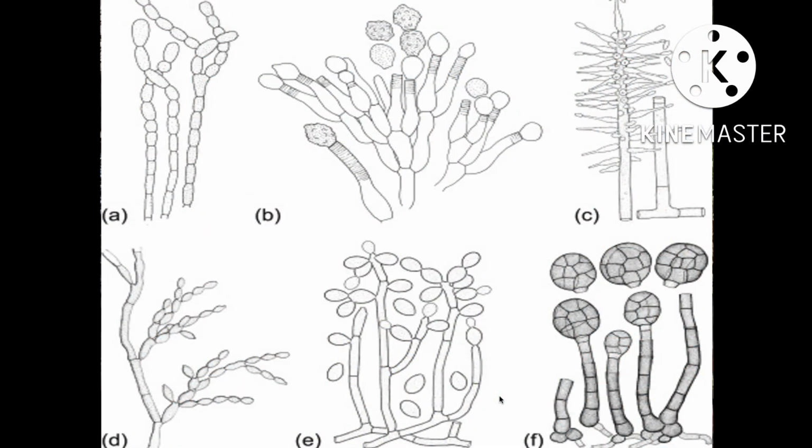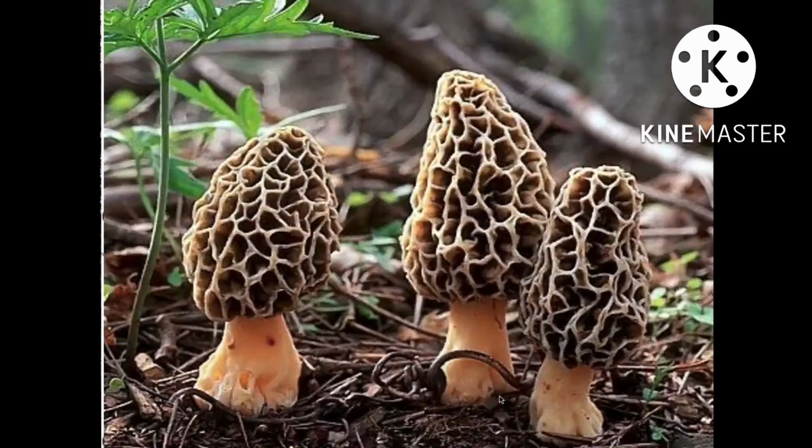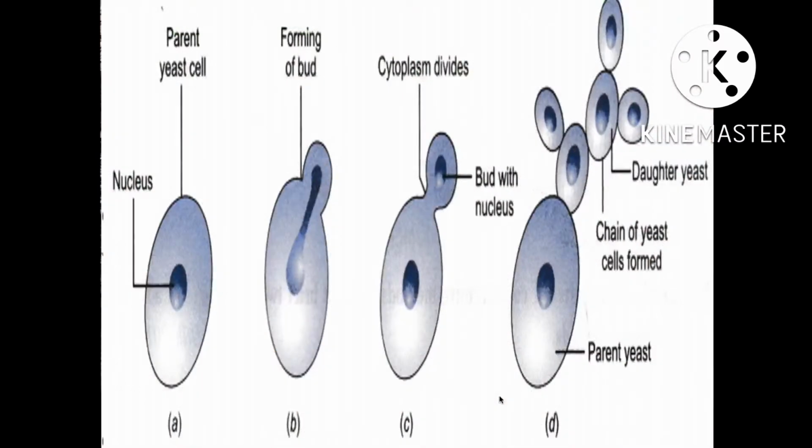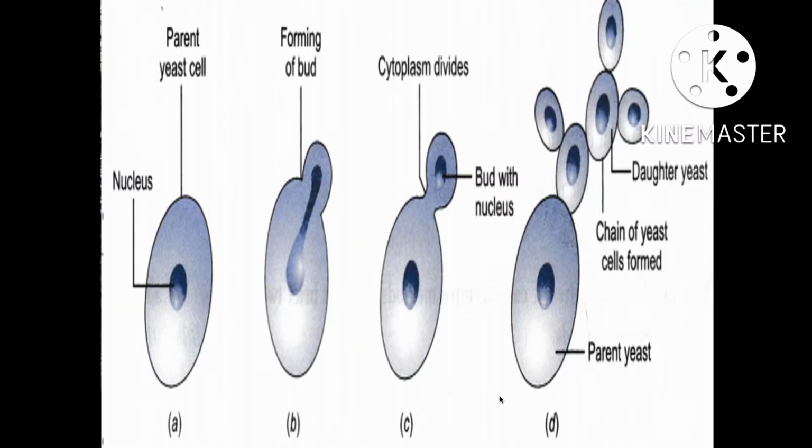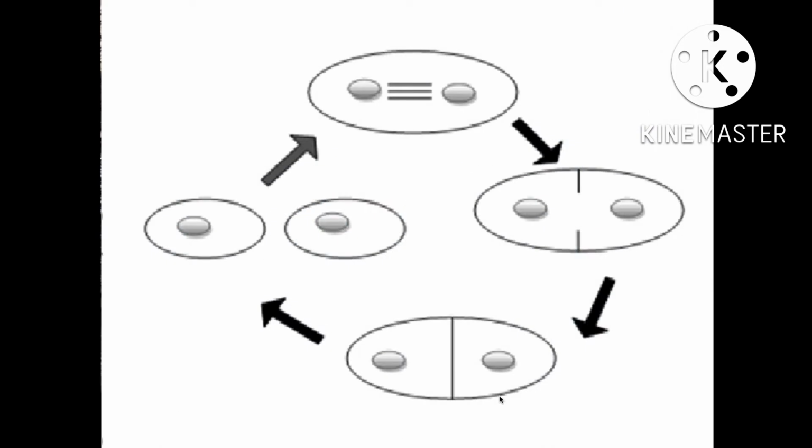The Ascomycetes are characterized by complete absence of motile structures in the life cycle. Yeast normally reproduce asexually by budding and fission. So this is budding and this is fission.